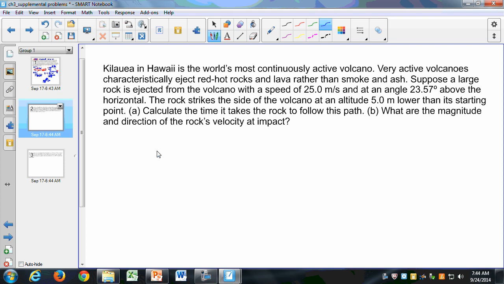I want you to calculate the time and then the magnitude and direction of the rock's velocity at impact. So we have a rock that's ejected and follows a path like this. I know its final position is 5 meters below where it started, and I want to know the time.